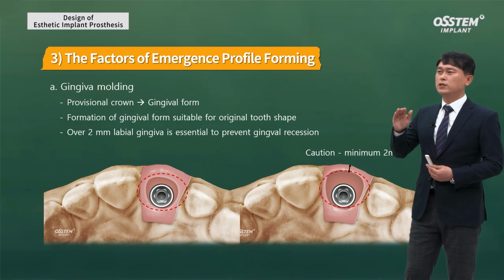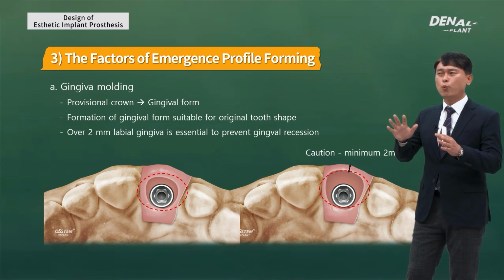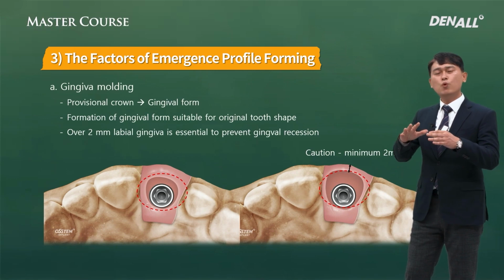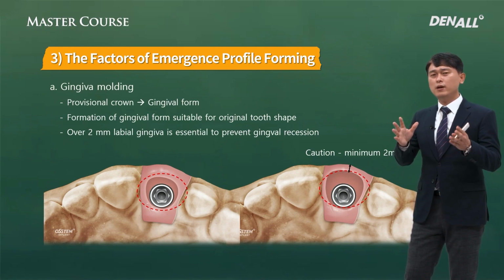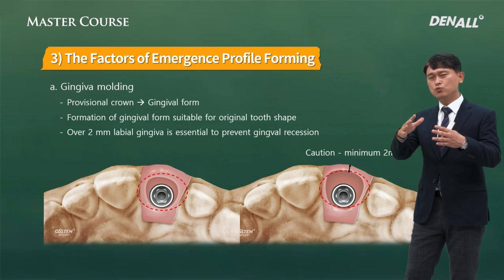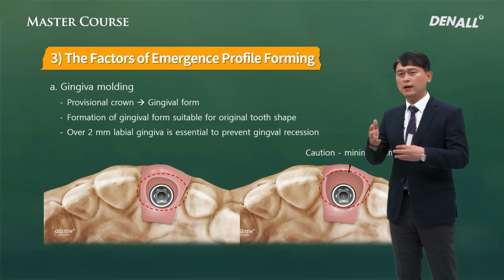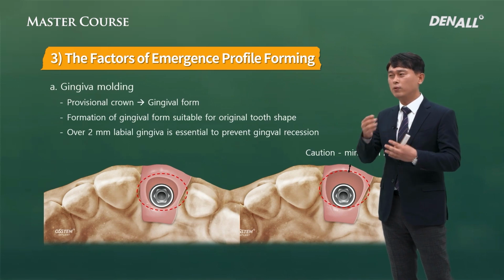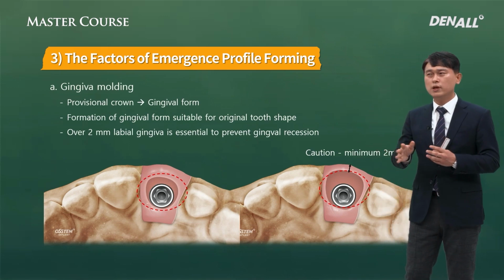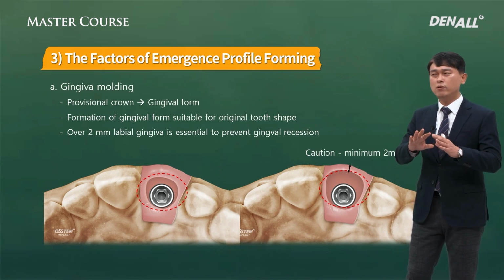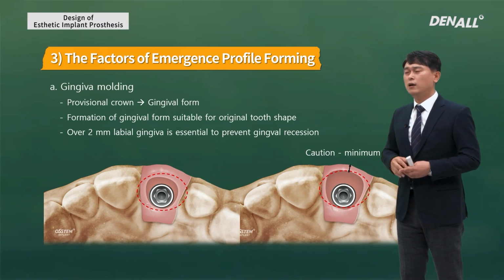As you can see here, we can mold or sculpt gingiva. That means we can make the gingiva look similar to the natural tooth area. That is called molding or sculpting, and that is forming the gingiva using a provisional crown.